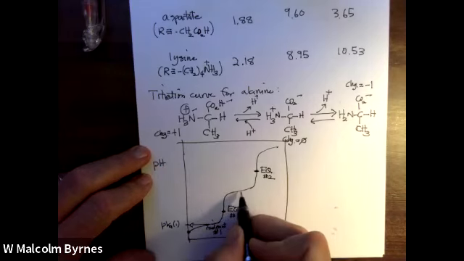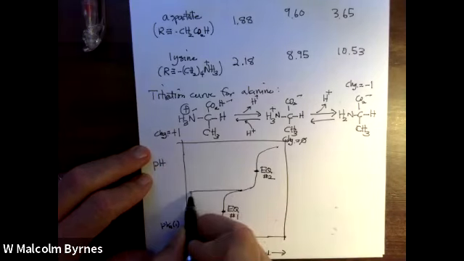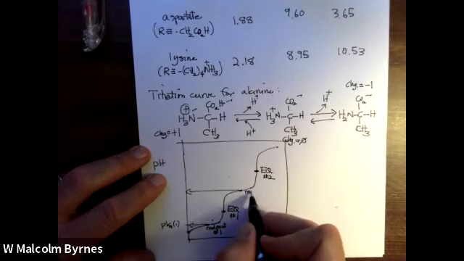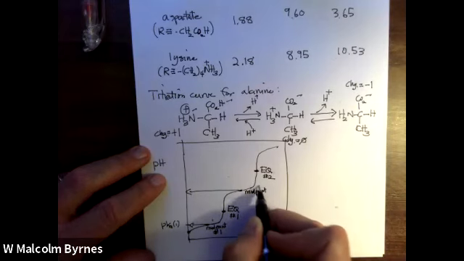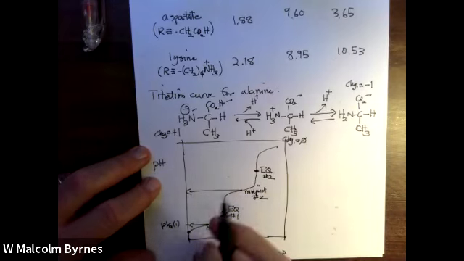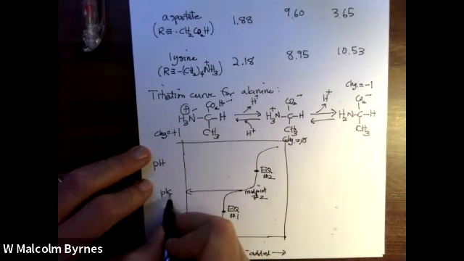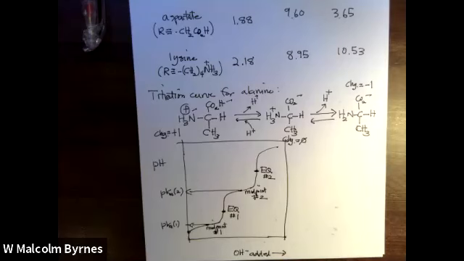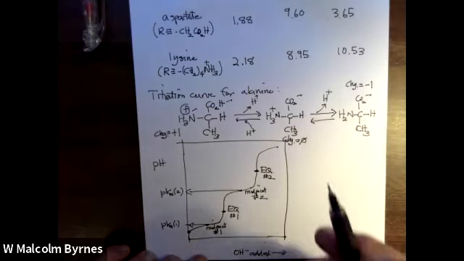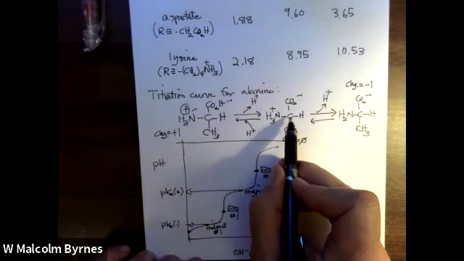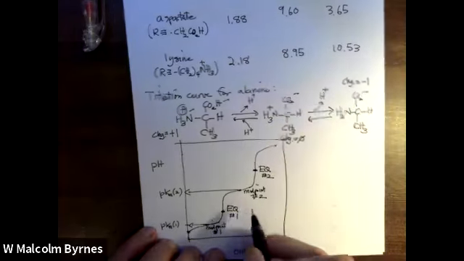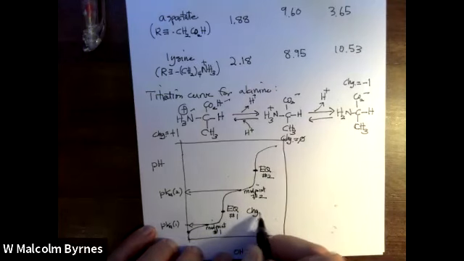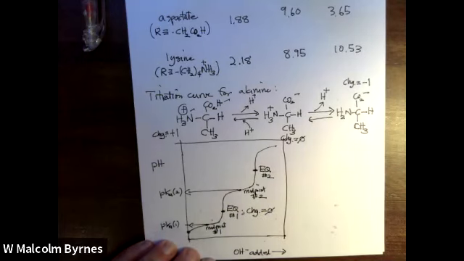And then the second midpoint is where the pH is just equal to the second pKa 2. Also, notice that at the first equivalence point, the charge on the species is 0.